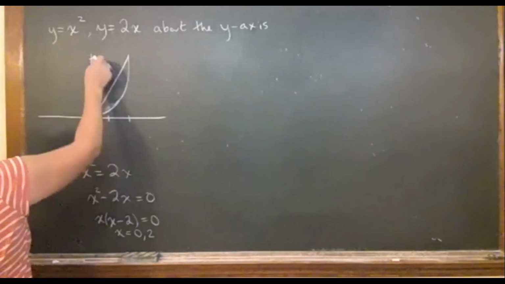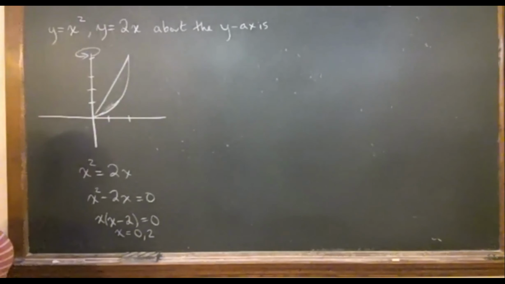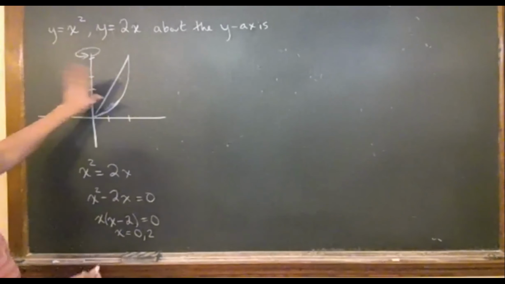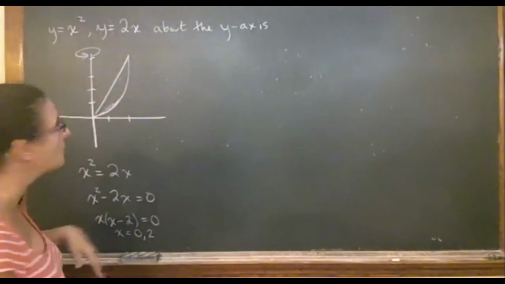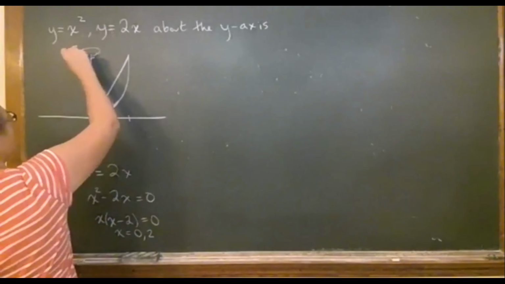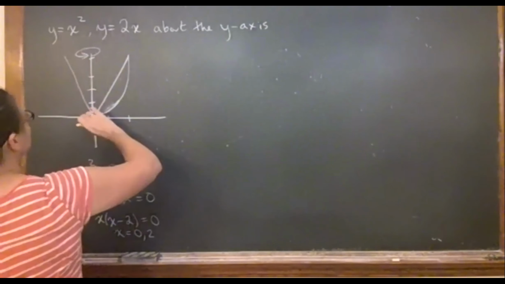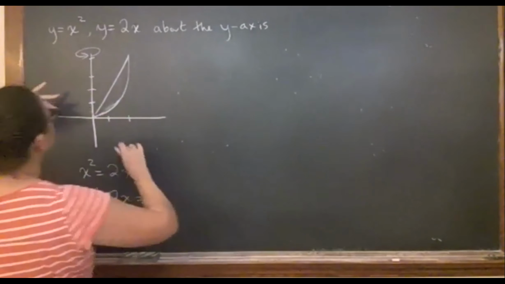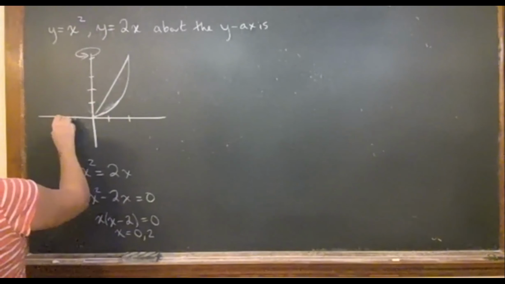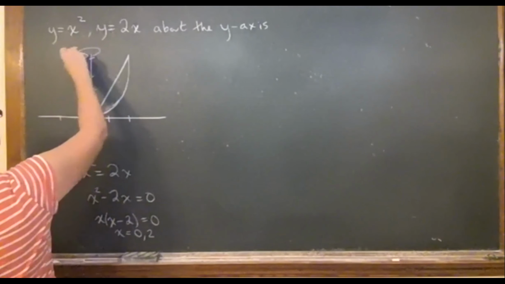And what we're going to be doing now is rotating this around the y-axis. So you can imagine when you rotate this around the y-axis, I'm going to have something. Oh, it's hard to draw the cross section. I'm not doing a very good job.